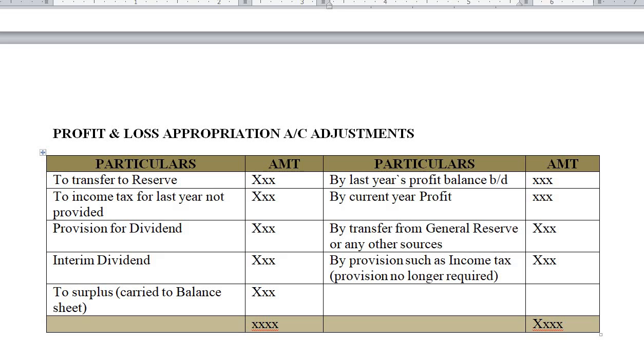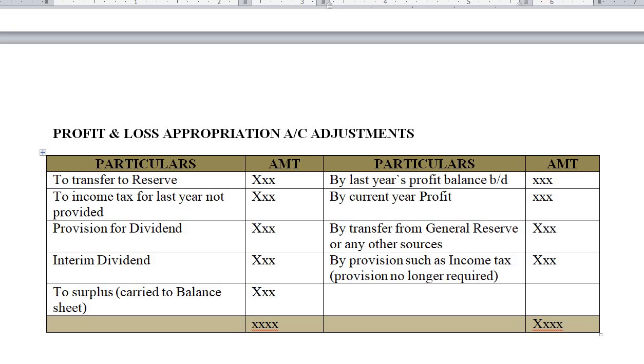First, you have to transfer the last year's profit balance. Whatever profit is there for the last year will be brought down to the profit and loss account.